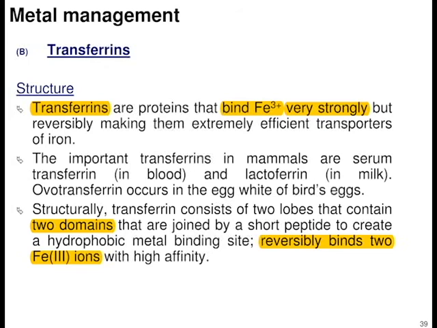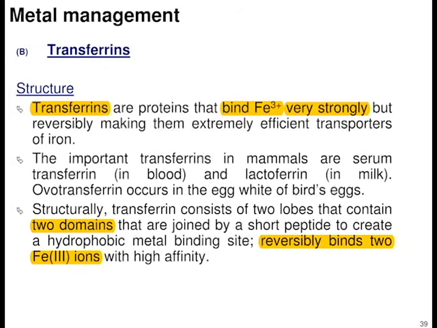In the presence of iron 3+ and also an important anion in the form of bicarbonate, the clamp will close, then the ion will be securely placed inside and transported to the site. It consists of 2 loops containing 2 domains joined by a short peptide chain, to create a metal binding site.